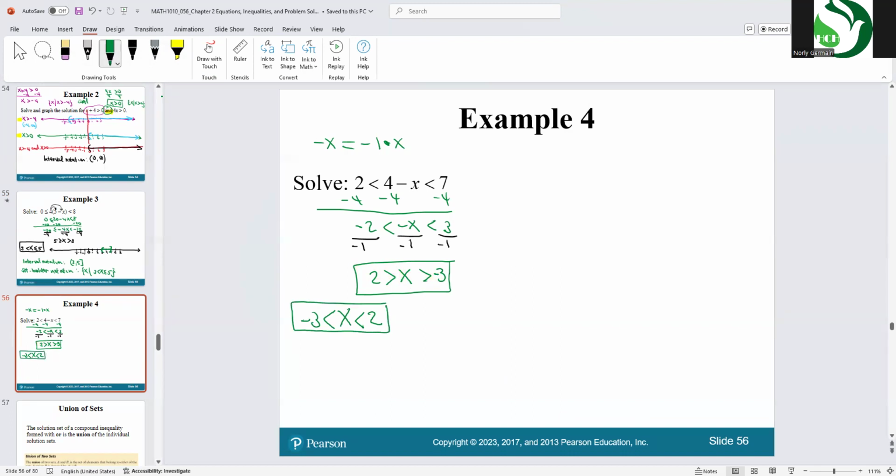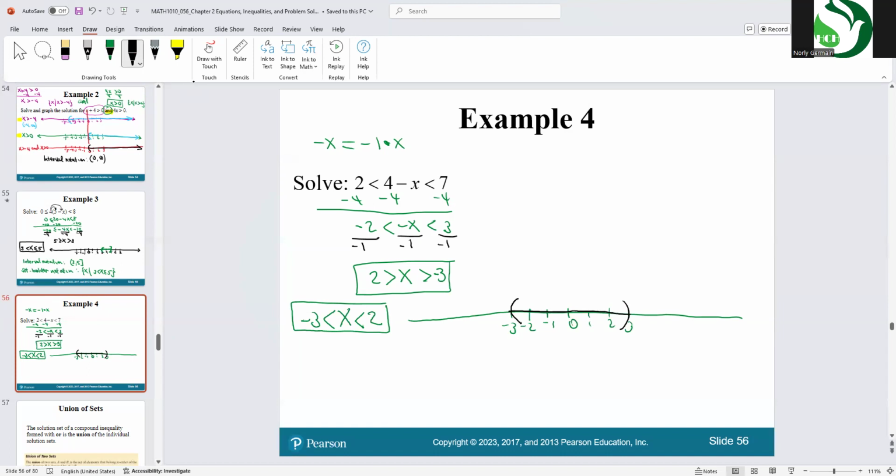We can graph it on a number line. Suppose those lines are straight: 0, 1, 2, 3, -1, -2, and -3. We have only strictly less than and strictly greater than, so we're going to use parentheses. Here we go.